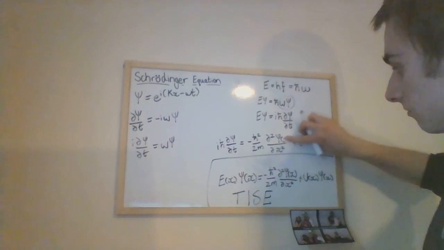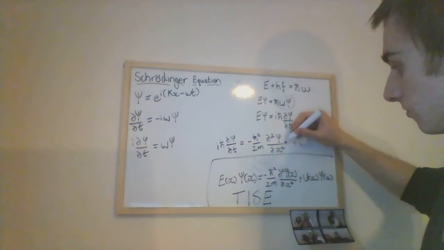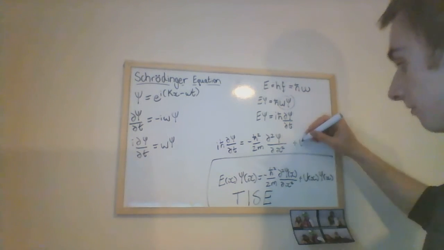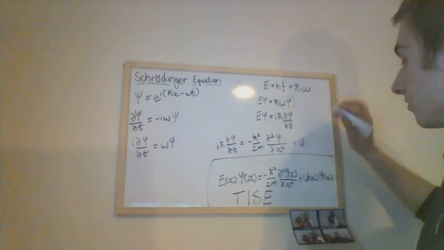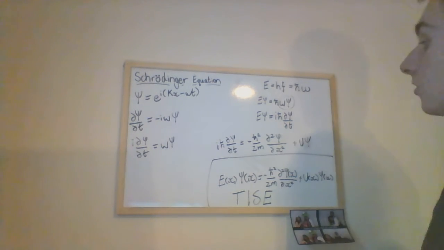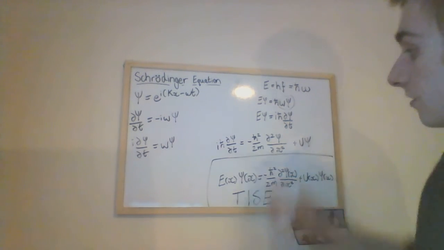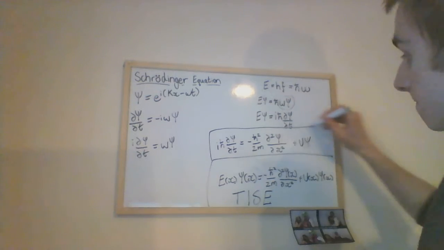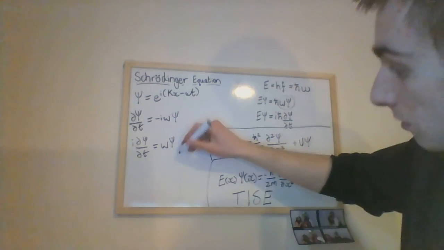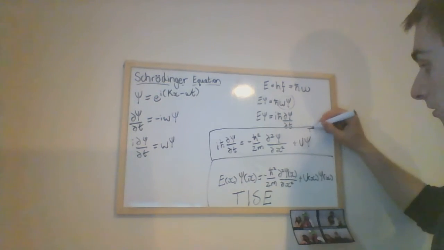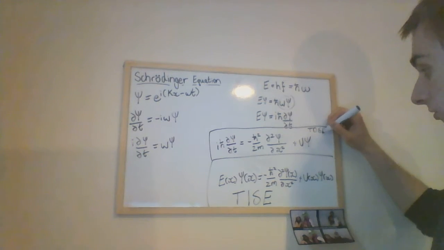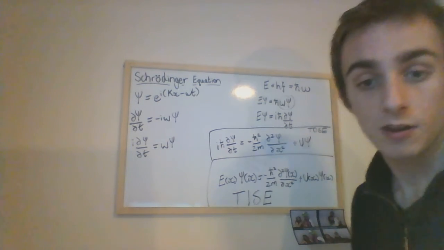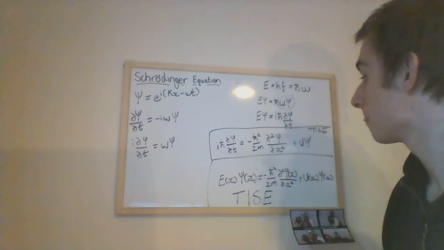I'll not write any of these in terms of x, just because we're not time independent anymore. We are time dependent. So there we have it. The time dependent Schrodinger equation. And there we have both forms.